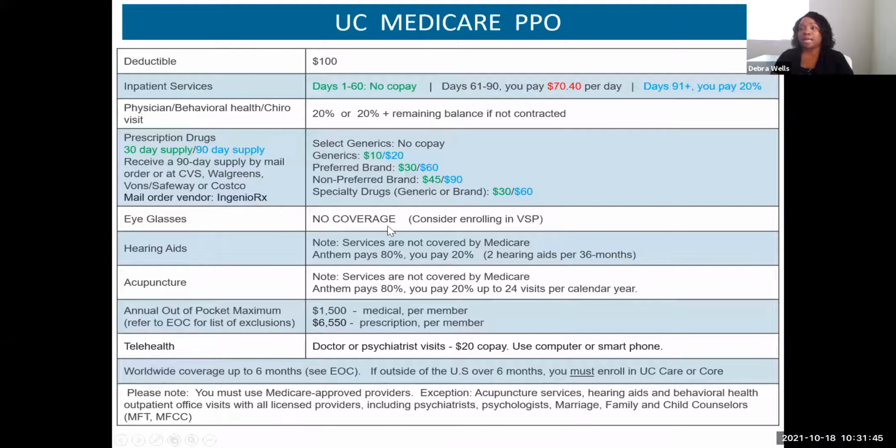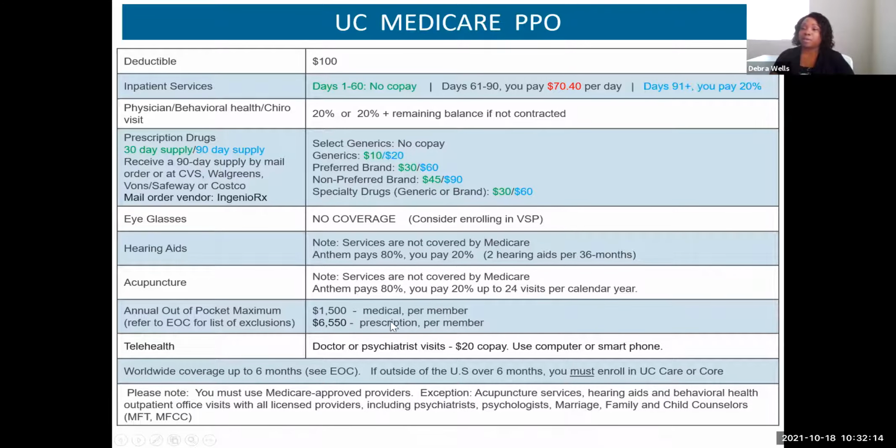There's no eyeglass benefit, so you may want to consider enrolling in VSP. Hearing aids are not covered by Medicare, but your supplement plan, Anthem Blue Cross, does cover it. They cover 80% of the hearing aid and you pay 20%. Acupuncture is also not covered by Medicare, but Anthem, your supplement plan, will cover 80% and you pay 20%.